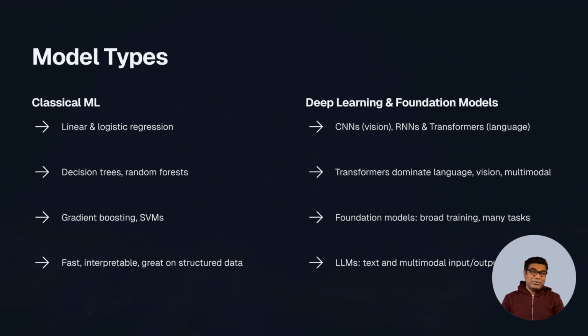Deep learning includes neural networks with many layers, such as multi-layer perceptrons, convolutional neural networks for image tasks, recurrent models and sequence models for time series and language, and transformers, which now dominate state-of-the-art language, vision, and multimodal systems. Foundation models are large models trained on broad datasets and adapted to many downstream tasks. Large language models are a type of foundation model specialized for text and increasingly multimodal input and output.